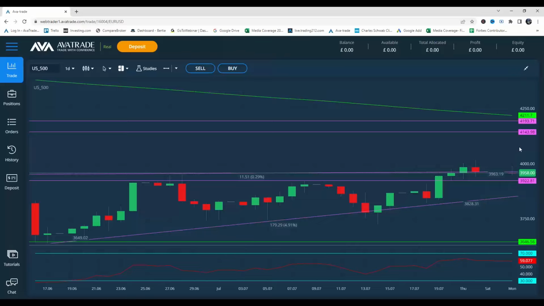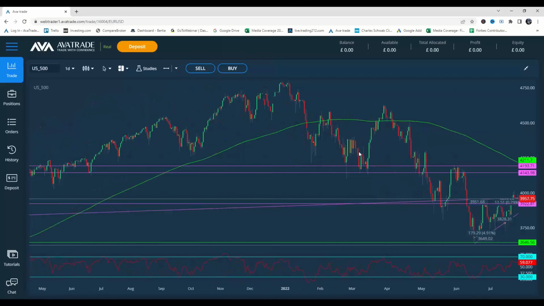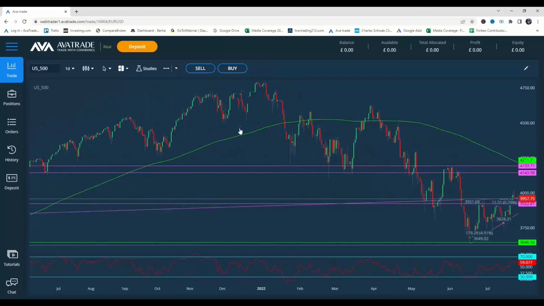Now again, I'm going to recap what we discussed over here. What we have discussed so far is that this is your S&P 500 index. You put it as a US 500 index over here. It is in a downward trend. This area marked the bottom in the price action. This over here is your ascending triangle.